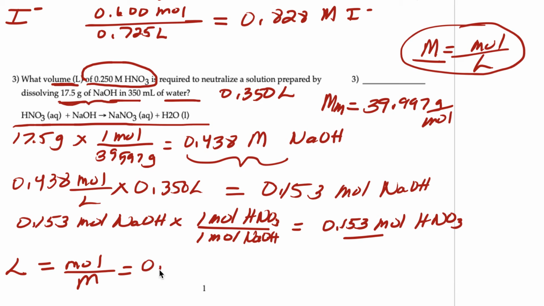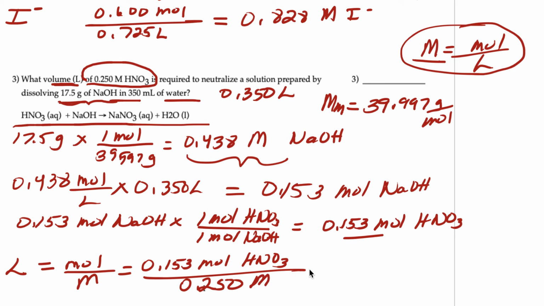So we have 0.438 moles of nitric acid divided by the molarity, 0.25 moles per liter. 0.438 divided by 0.25, and I get 1.75 liters for this one.